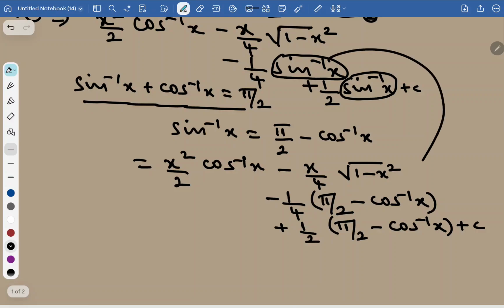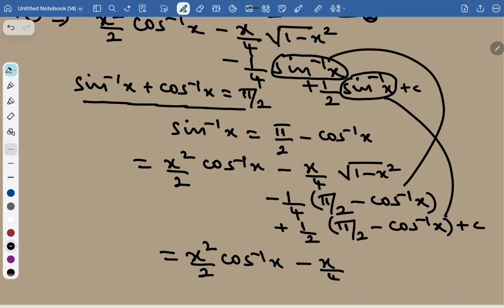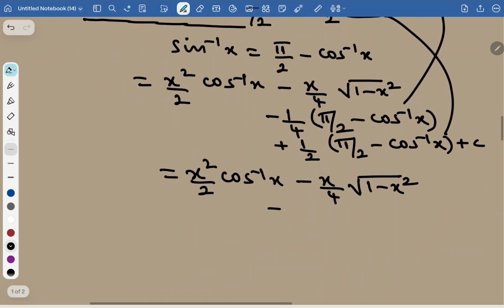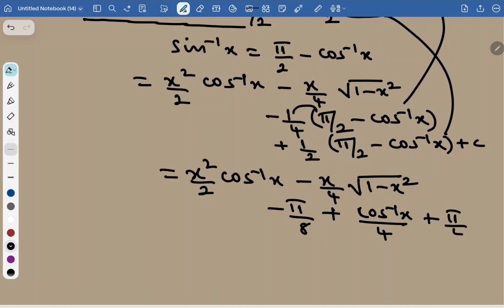I am replacing this part and this part. Now simplify: x square by 2 cos inverse of x minus x by 4 root of 1 minus x square minus pi by 8 plus cos inverse of x by 4 plus pi by 4 minus cos inverse of x by 2 plus c.